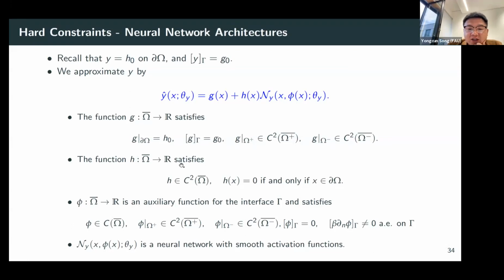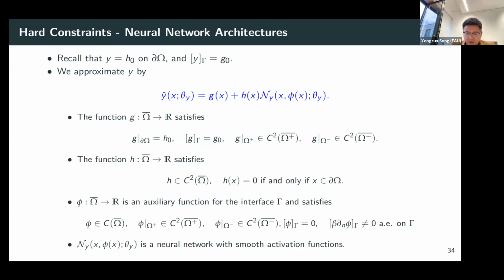The function H is C2, and it is 0 if and only if x belongs to the boundary. And here, the function phi is an auxiliary function for the interface.